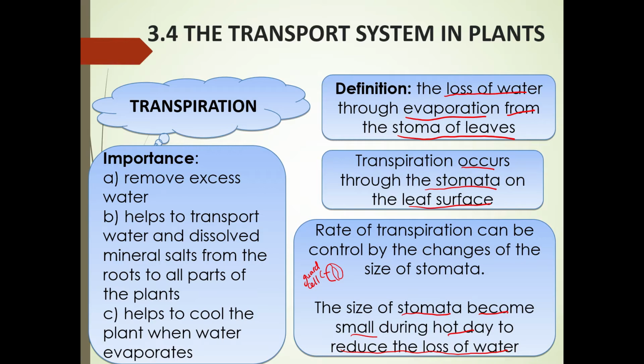Alright, so what is the importance of transpiration? Of course the first one is to remove the excess water. And it helps to transport water and dissolved mineral salts from the roots to all parts of the plants. Later we will see this one.